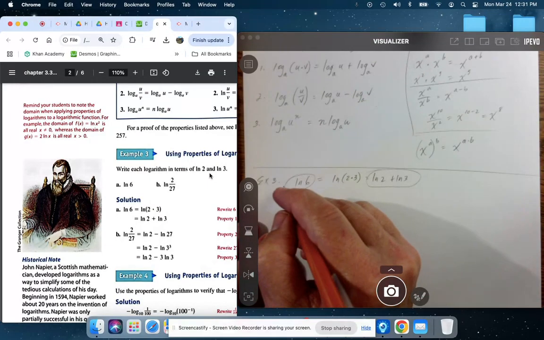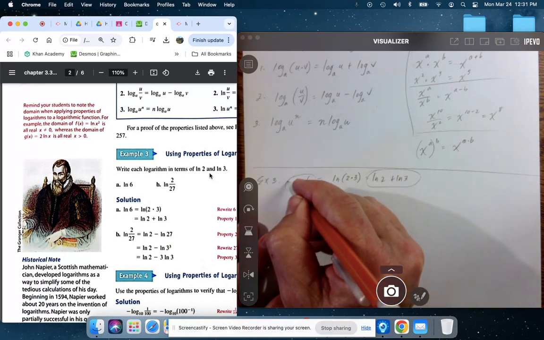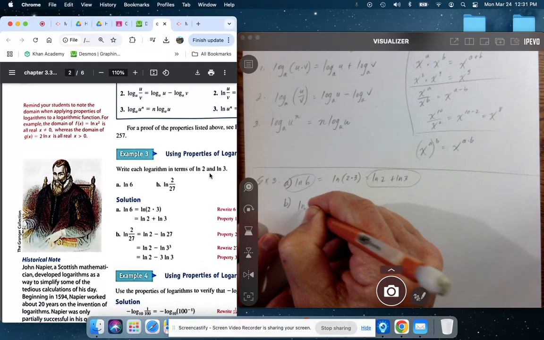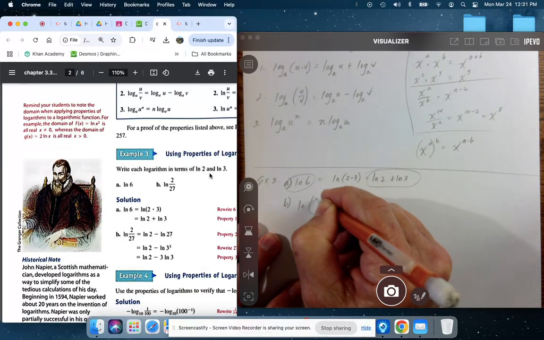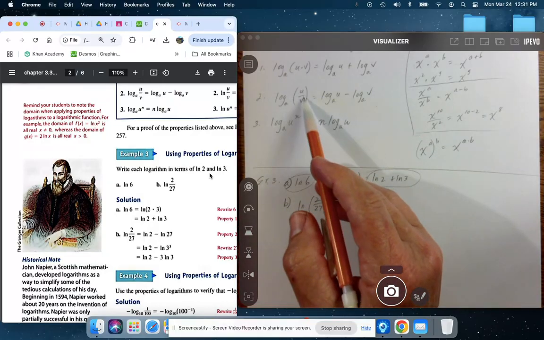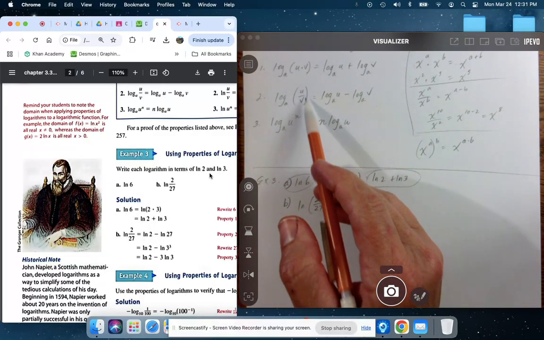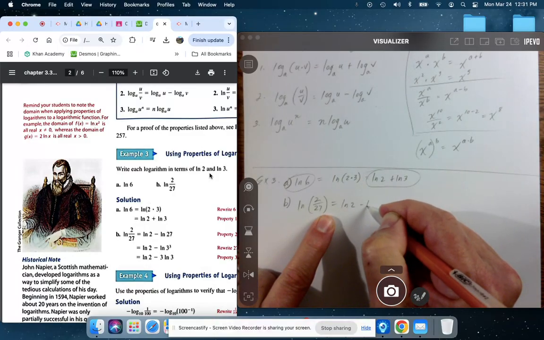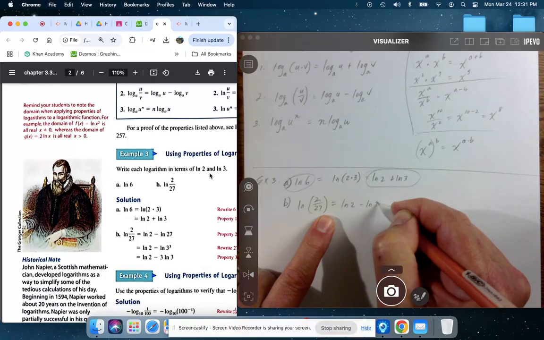And for part B, so that was A, B, natural log of 2 over 27. Well, that could be broken up into a subtraction, right? So that could be natural log of 2 minus natural log of 27.